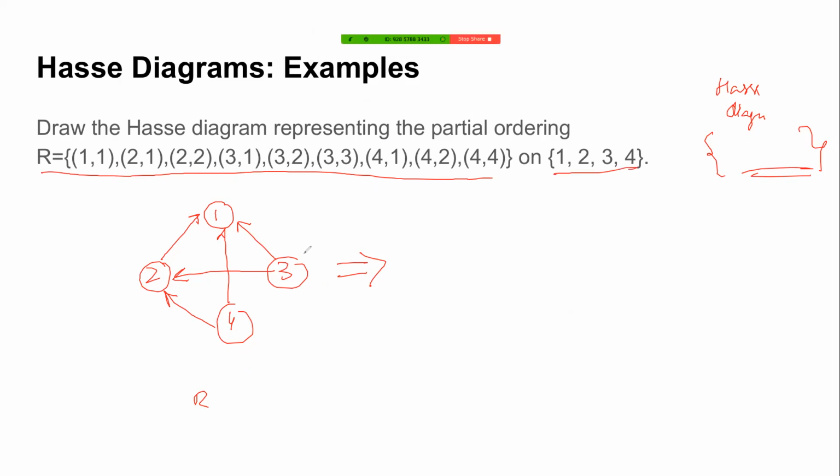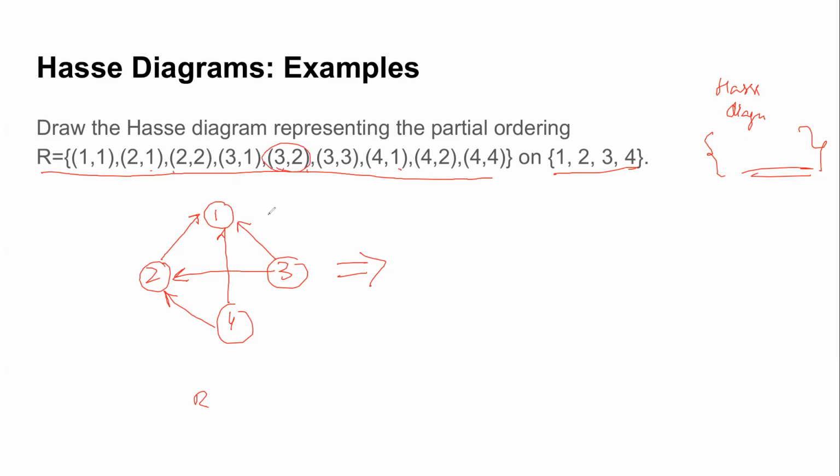So the transitive pairs are, let us see. Yeah, so we have 2, 1, or rather, let us see. So you have 4, 1. Oh, there is no other thing. So 3, 2, 2, 1.